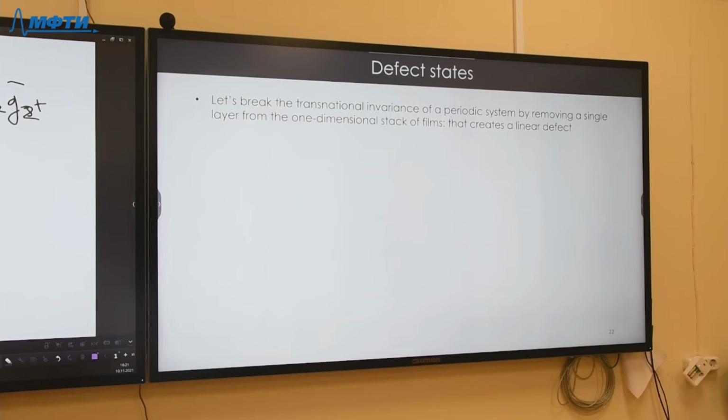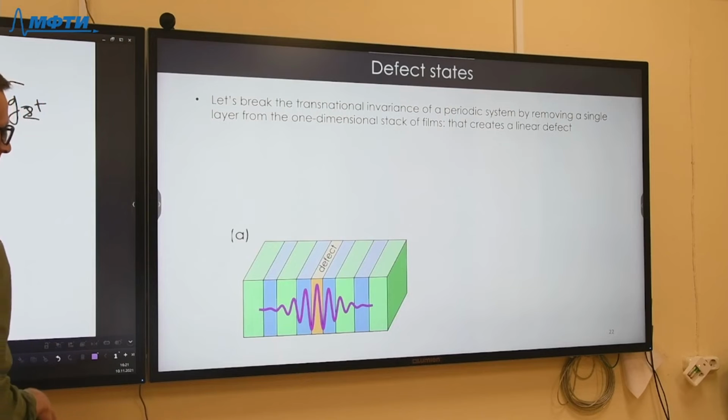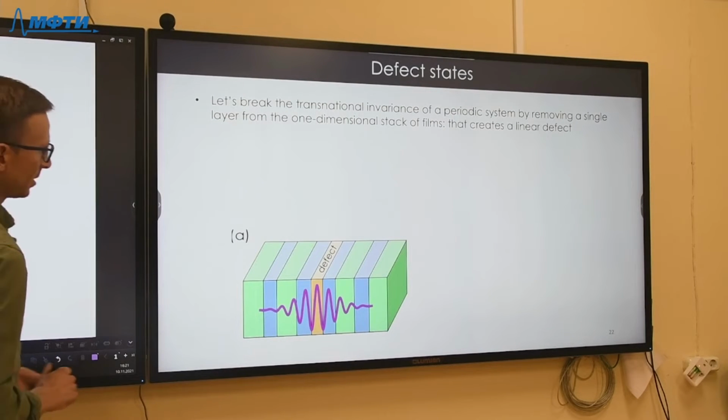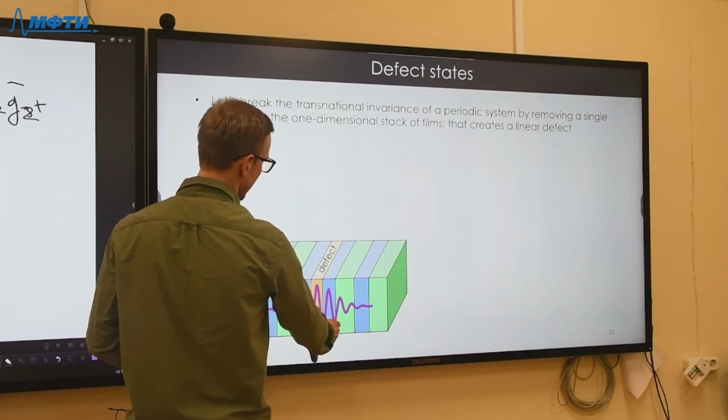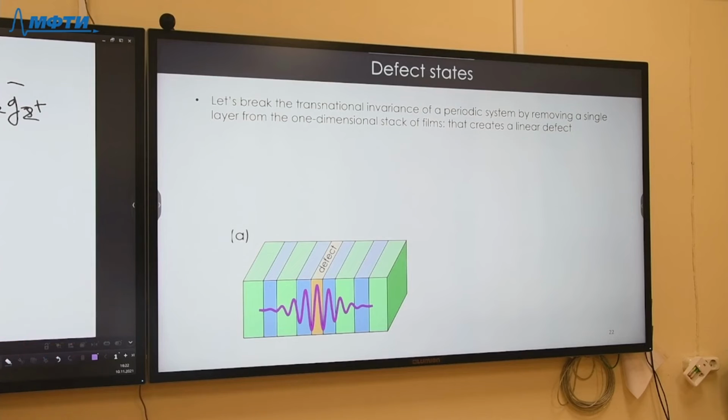But what we can do now is make a defect in the photonic crystal. Let us consider the original 1D photonic crystal. And now let's remove one layer and insert a defect here. We can just remove a single film, we can replace this film with a material of a different refractive index, or we can change the thickness of that particular film.